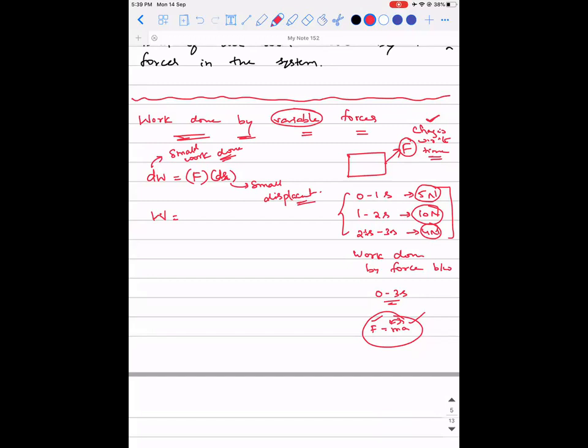So work done will be equal to the integral of f into ds from S1 to S2, where S1 is the initial displacement and S2 is the final displacement.